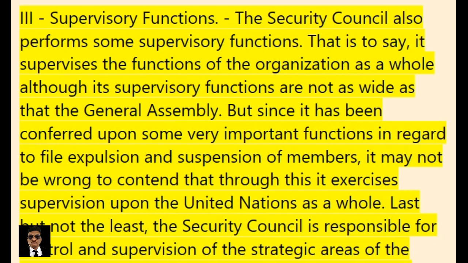But since it has been conferred some very important functions in regard to expulsion and suspension of members, it may not be wrong to contend that through this it exercises supervision upon the United Nations as a whole. Last but not least, the Security Council is responsible for control and supervision of the strategic areas of the trust territories under the trusteeship system of the United Nations.